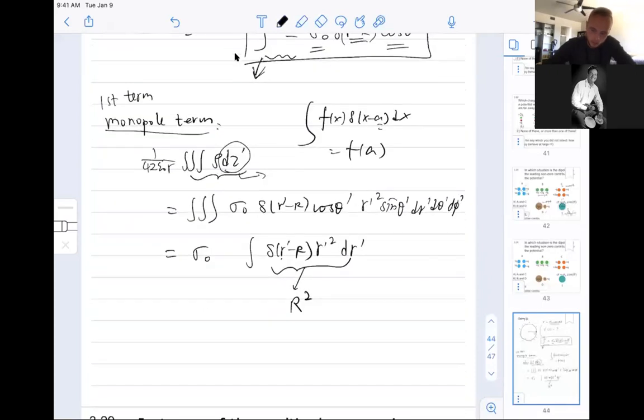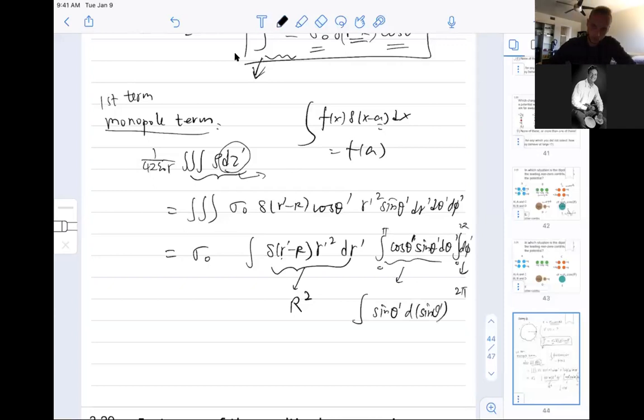All right, and the next integration is going to be cosine theta prime sine theta prime d theta prime and d phi prime. Okay, d phi prime simply gives 2 pi, that is easy. And this term is from 0 to pi. So this one becomes sine theta prime d sine theta, right, because d sine theta becomes cosine.